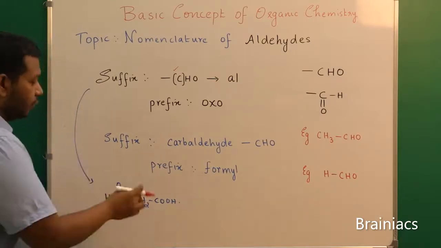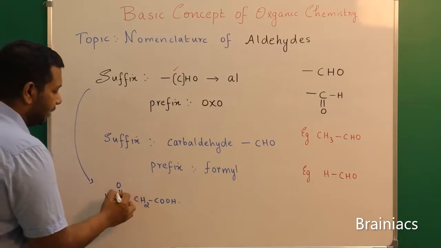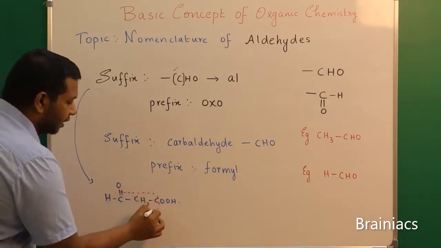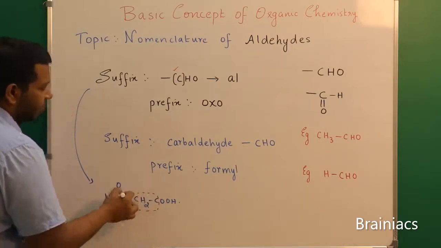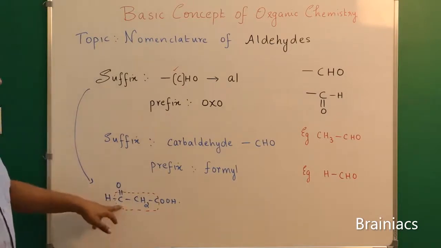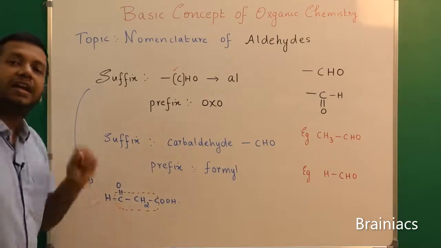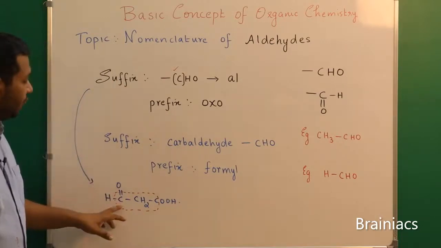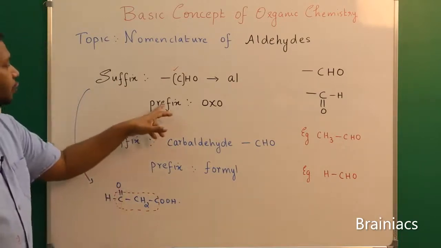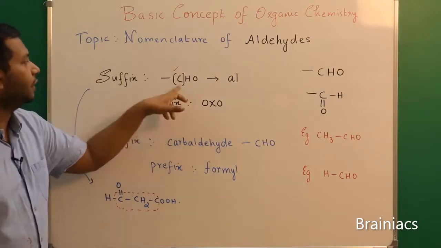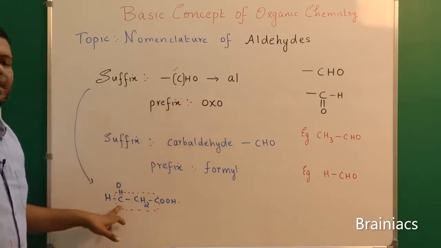So who is the senior most one? Carboxylic acid. But we select the parent carbon chain like this, correct? So we need to include this carbon also. In this case, the carbon atom of the CHO is included, but still it is behaving like a substituent. So the prefix used should be oxo, if the carbon atom is included in the parent carbon chain.